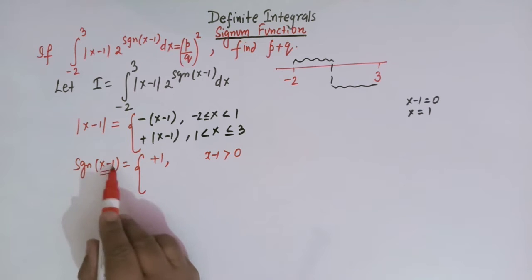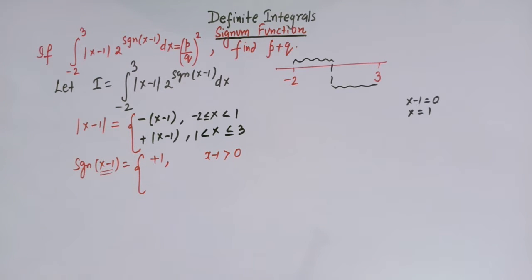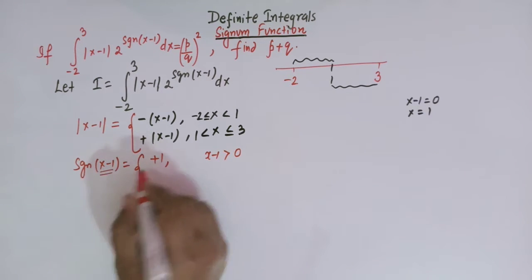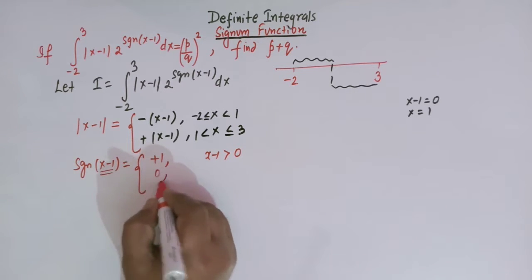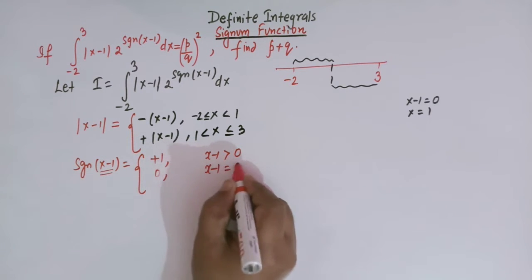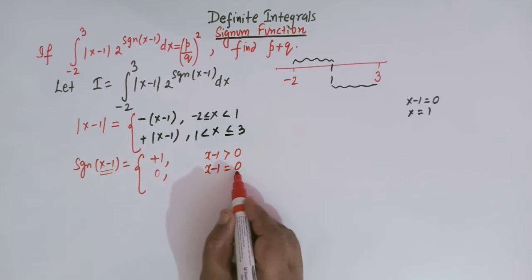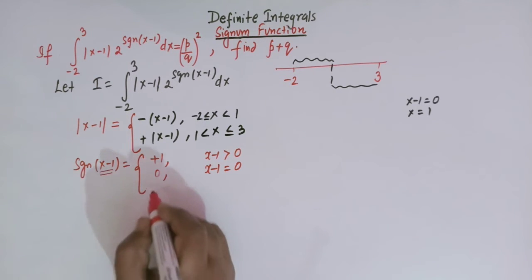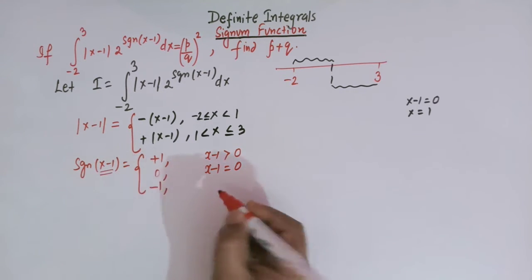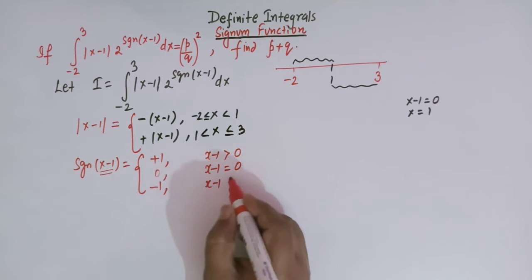Signum of (x - 1) is 0 whenever x - 1 is equal to 0, and signum of (x - 1) is equal to -1 when x - 1 is less than 0.